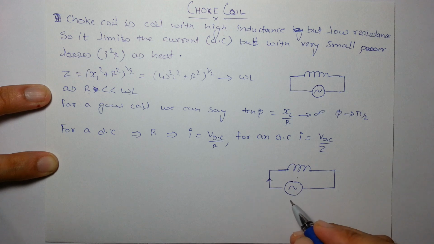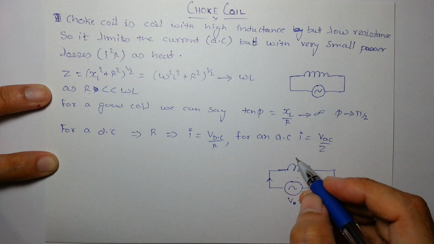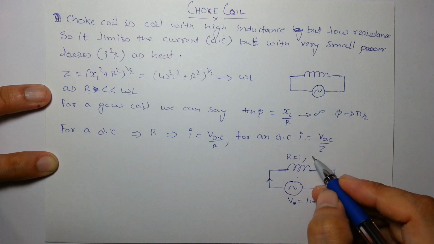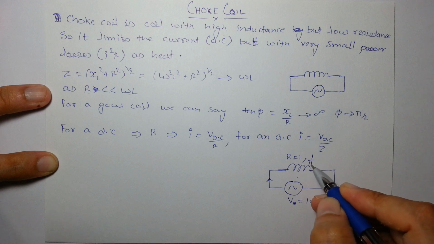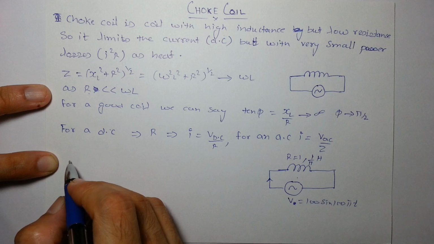So let's say a voltage source is V equal to 100 sin 100 pi t. Resistance is 1 ohm and the inductance is 1 by pi Henry. Okay, so what is XL?